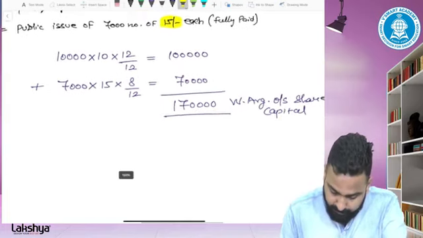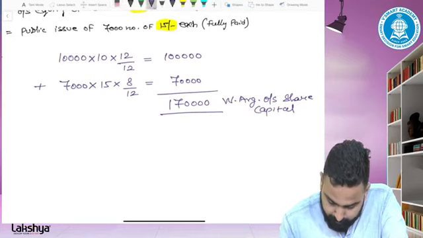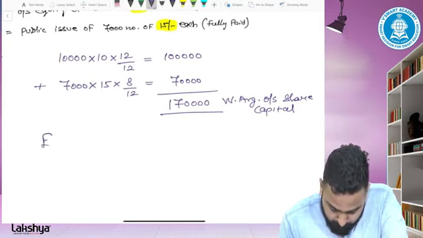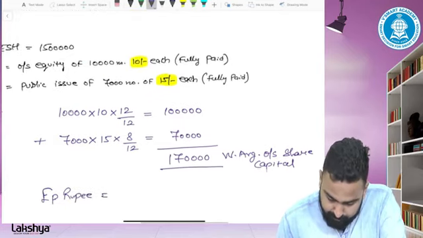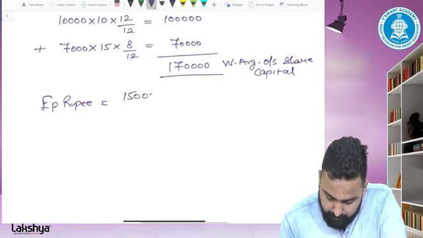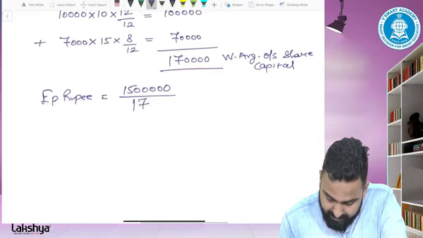Okay. So now, earning per rupee will be 15 lakh divided by 170.